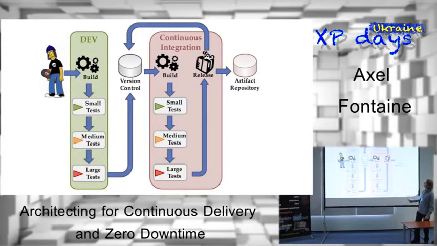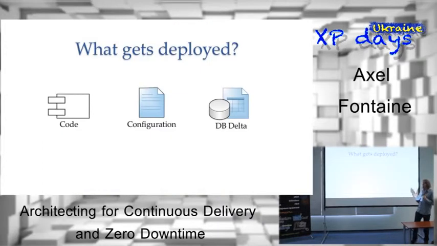So once we have that, we are ready to ask ourselves, what do we deploy? What is this complete application we were talking about at the very beginning? What actually matters? What do we have to get into production? Well, the first thing is our code itself, of course.